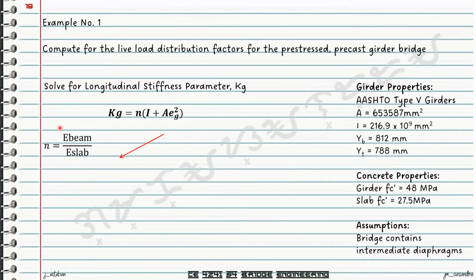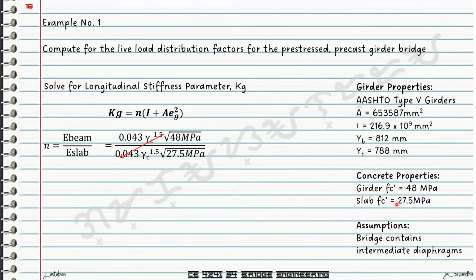We're not given the moduli of elasticity, but we are given the compression strengths of the girder and the slab. Therefore, we can solve for the elasticity using the equation 0.043 times the unit weight of concrete raised to 1.5 times the square root of the compression strength.